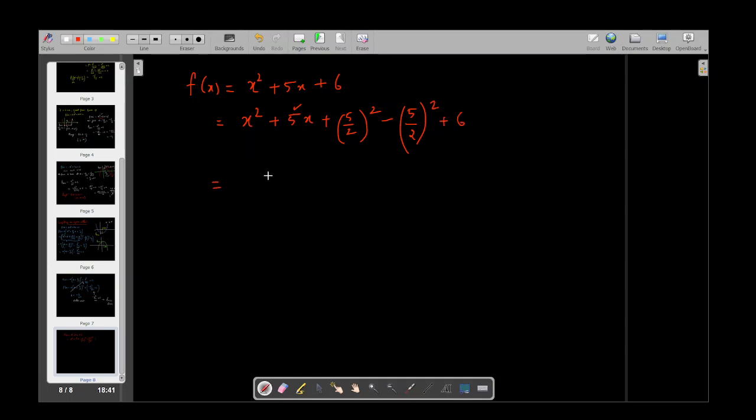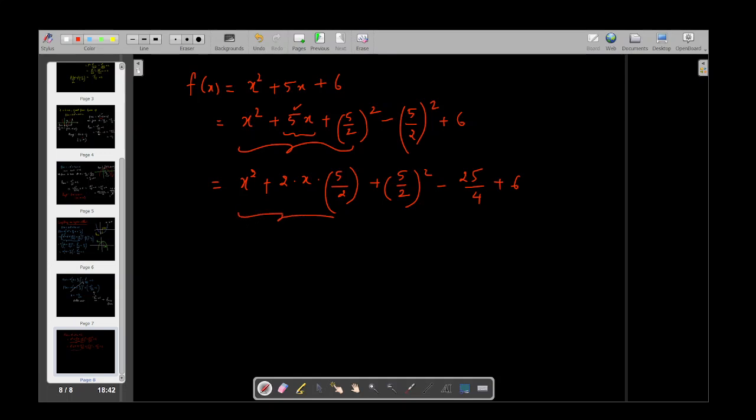This is equal to, or I can write this as, x square plus 2 times x times 5 by 2. So this will not alter this. Again, this is 5x only, plus 5 by 2 whole square. I'm actually completing the square, minus 25 by 4 plus 6.